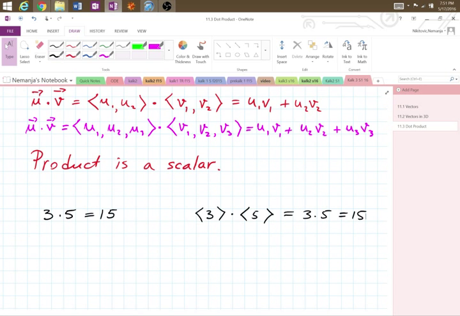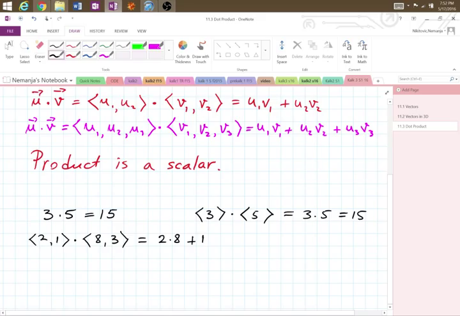If you have 2 vectors that need to multiply, so let's say ⟨2, 1⟩ dotted with ⟨8, 3⟩, in that case, it's going to be 2 times 8 plus 1 times 3, and that gives us 16 plus 3 is 19.